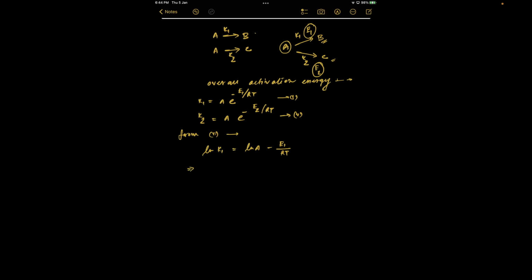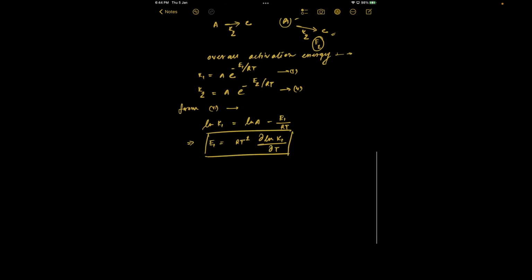So E1 will be equal to RT square del ln K1 by del T. Similarly from equation 2, the activation energy for the A to C step, E2, will be equal to RT square del ln K2 by del T.